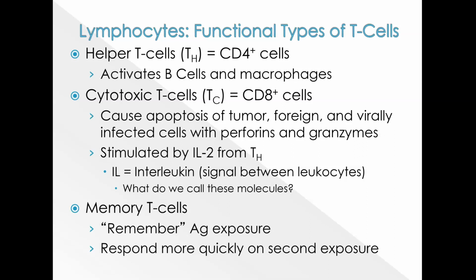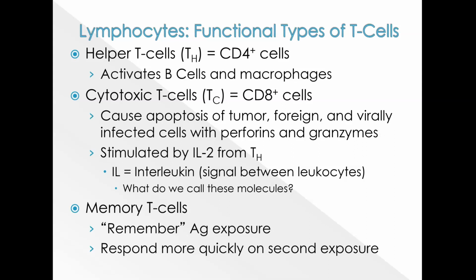And the main function of helper T cells is to help. They really send out a very crucial second signal to other cells of our immune system, specifically our B cells and our macrophages. And they basically tell them, hey, keep going. Remember those B cells, as soon as they get going, they're secreting all those antibodies, and they get signals from the helper T cells to say, hey, keep going, keep going.